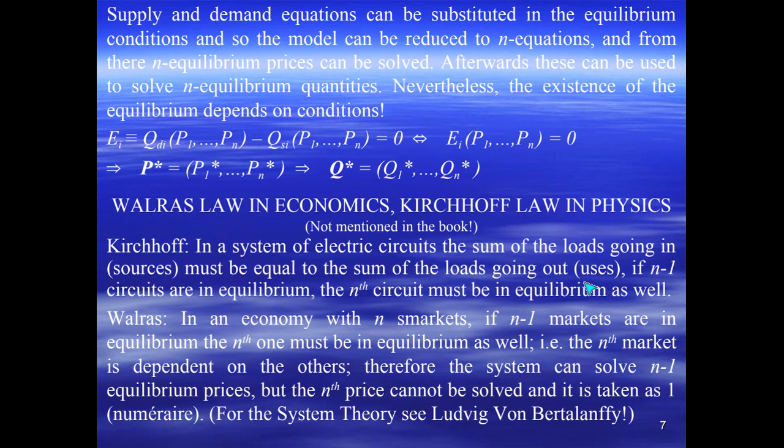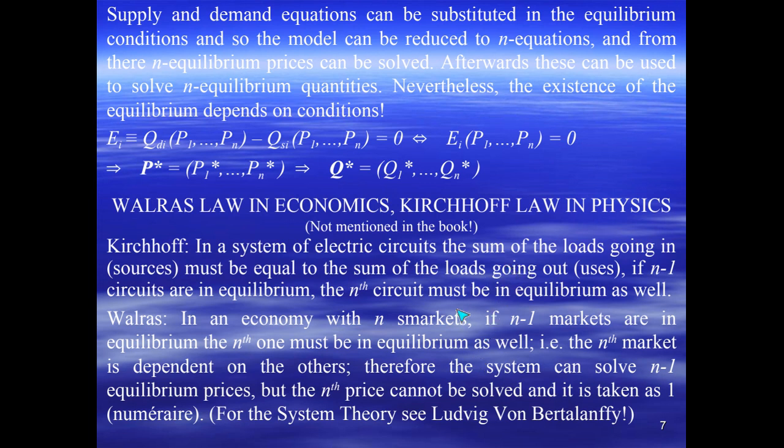But what says Walras, our economist? In an economy with n markets, it should be not markets, there's an error here, it's markets. In an economy with n markets, if n-1 markets are in equilibrium, the nth one must be in equilibrium as well. You see the same thing.